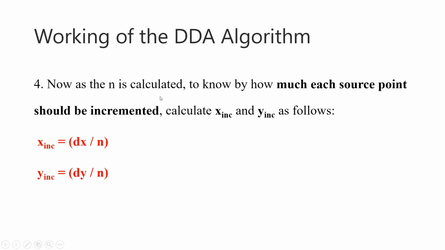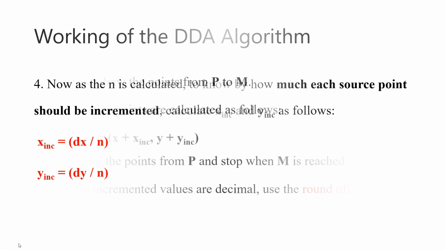First, select the source point. After selecting the source point, the next step is to increment the point. The x increment is dx by n, and the y increment is dy by n.